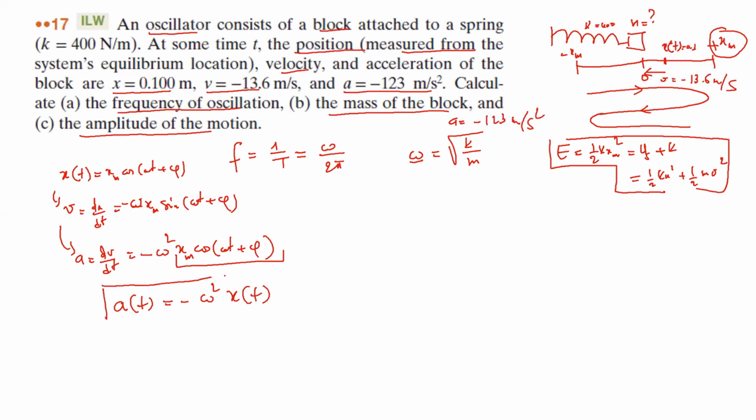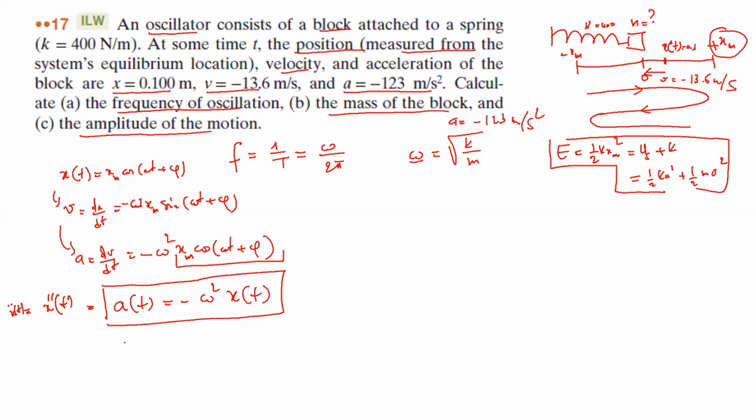And this is a signature of a simple harmonic oscillator. Whenever I have a second derivative, which is minus a positive number multiplied by the function itself. So acceleration is the second derivative of position with respect to time, or x double dot. So this is a signature of a simple harmonic oscillator. The acceleration is proportional to the position, but opposite in direction because it's a restoring force.